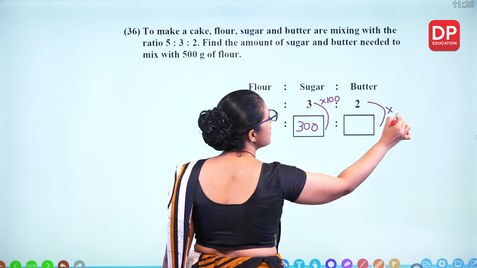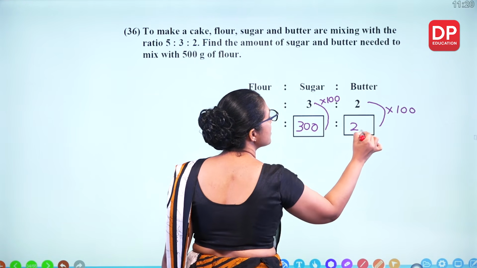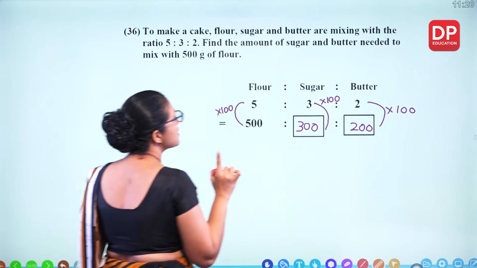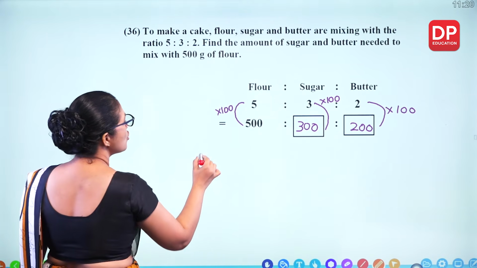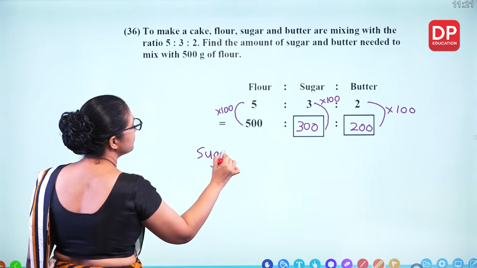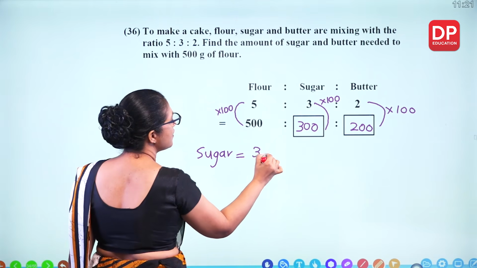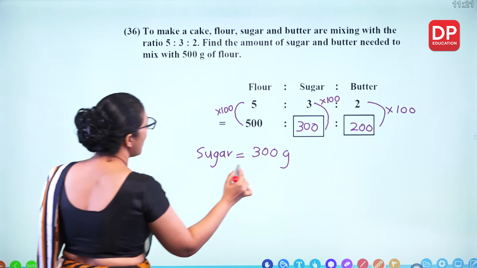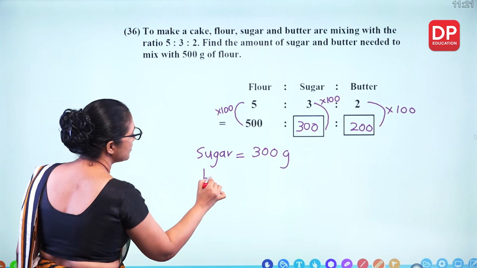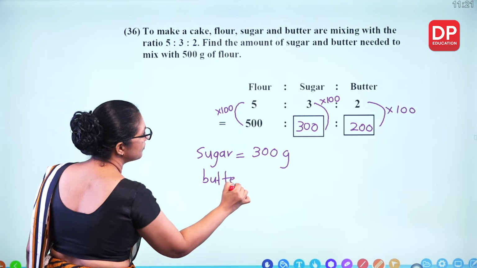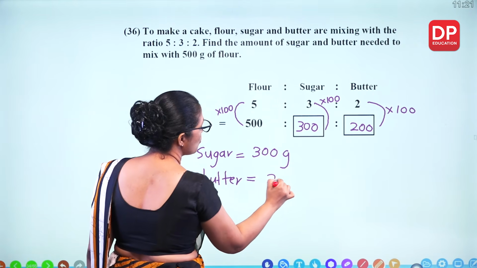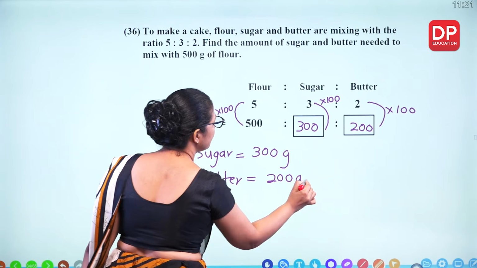Multiply by 100. 200. So what's the amount of sugar needed? 300 grams. And what about the butter? Butter is 200 grams.